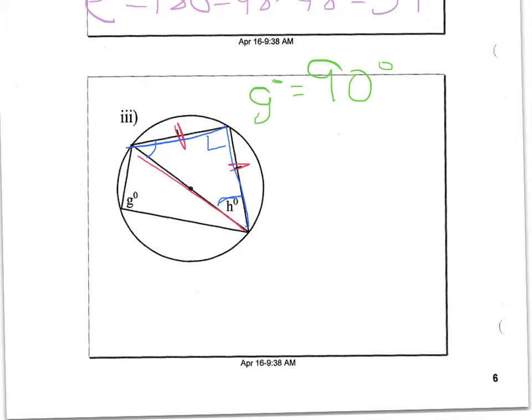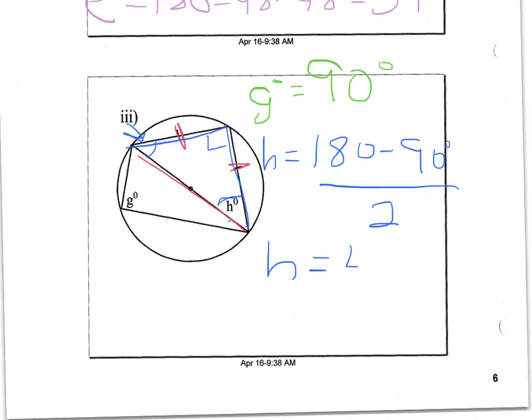The remaining angles left need to be split between H and this angle right here at the top. To solve that now, to find H, it'll be 180 degrees, as we've done before, minus the angle you know, and whatever answer you get for that, you'll divide by 2, because that'll split it evenly. So H is something, and this unknown angle at the top is the same. So once you've done all of that, you find H to be 45 degrees.